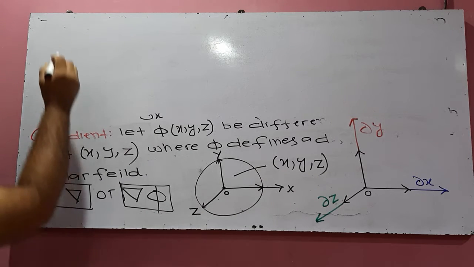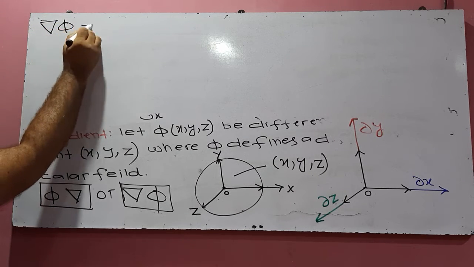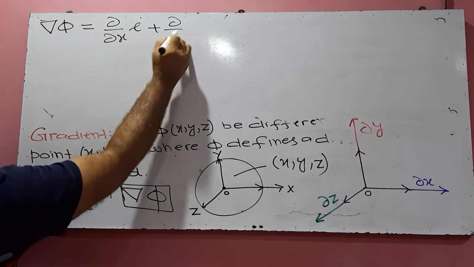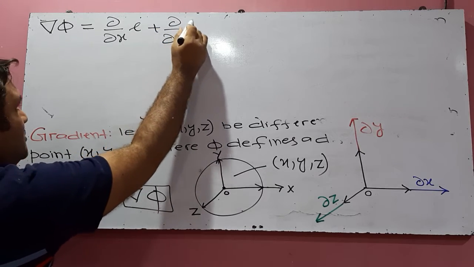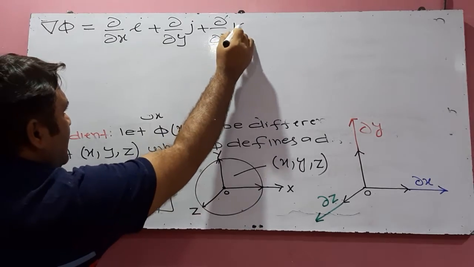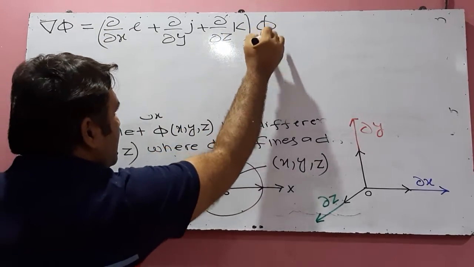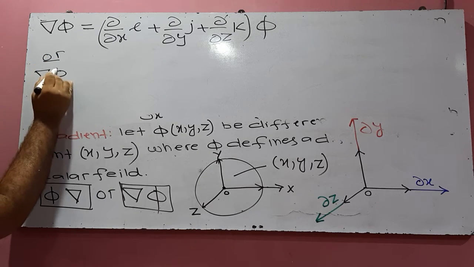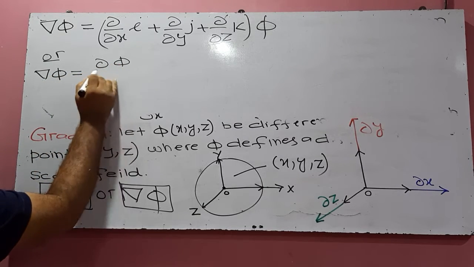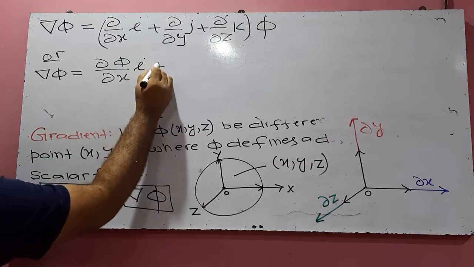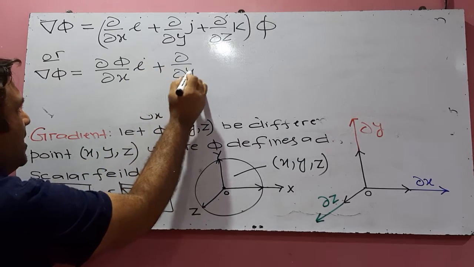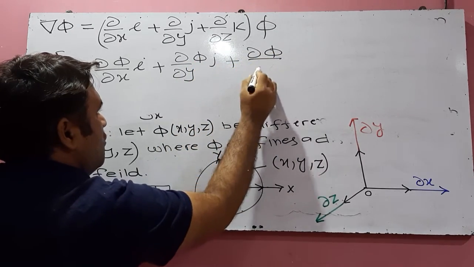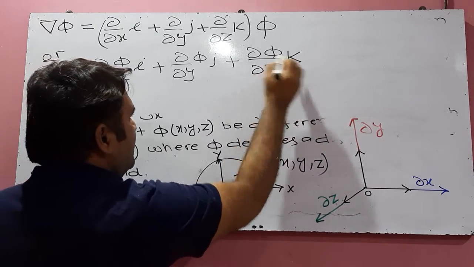So the del phi is equal to d over dx i plus d over dy j plus d over dz k into phi, or the del phi is equal to d phi over dx i plus d phi over dy j plus d phi over dz k.